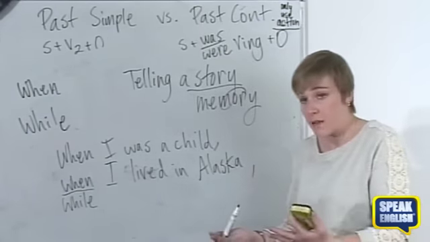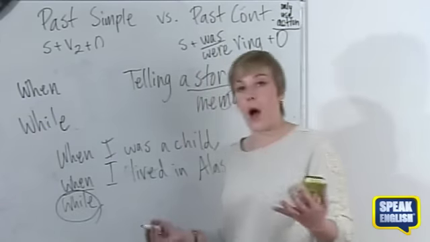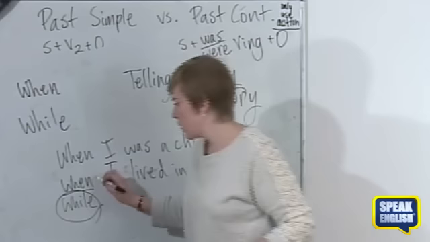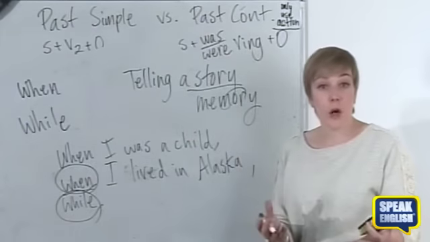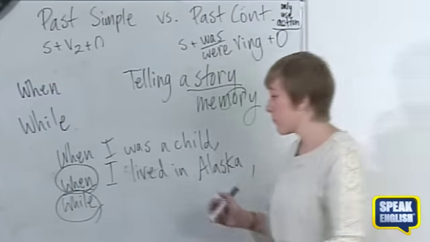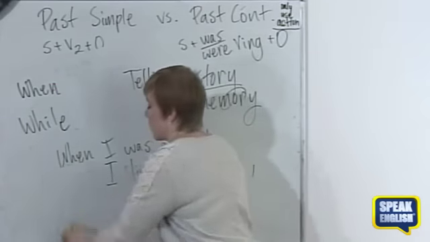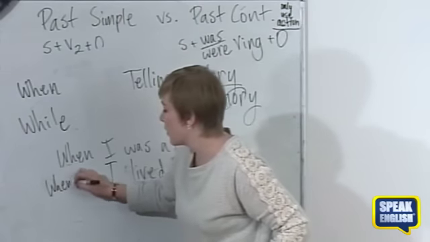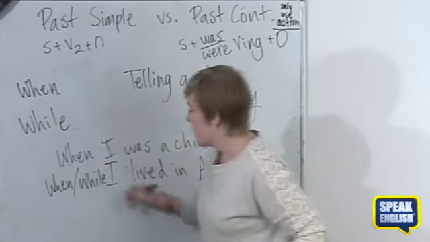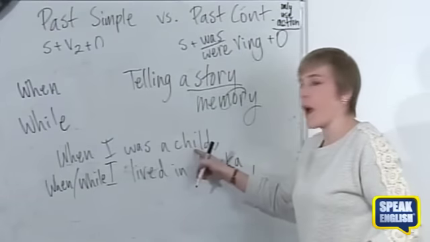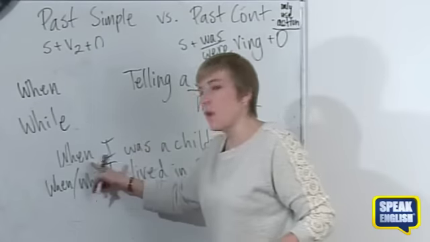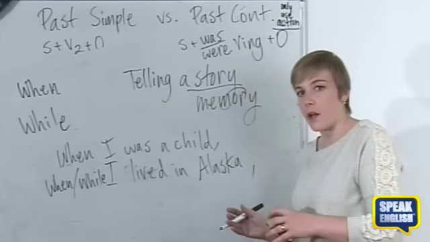Was it a long time in Alaska? Okay. Use while. Was it a small time in Alaska? Use when. But this is your opinion, and that's not important. So, we can use when or while. Typically, with I was a child, everybody uses when. People don't normally say while.